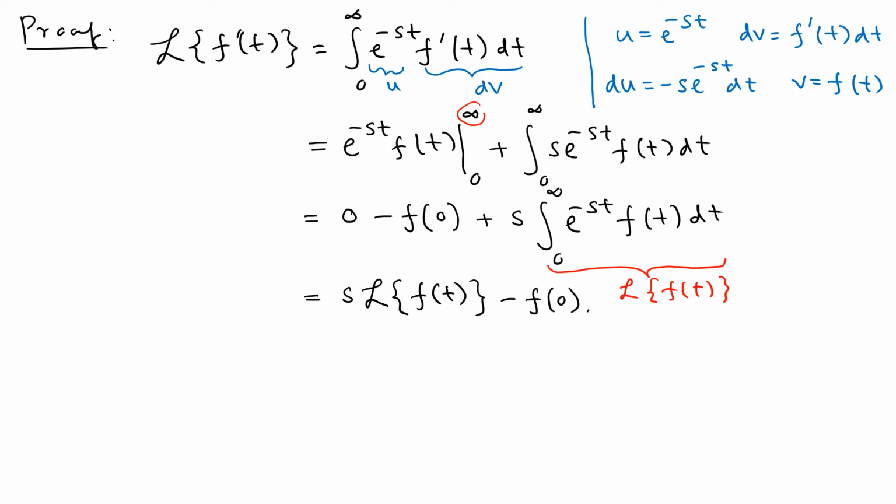So it's a very simple proof, and that's what happens for the first derivative. Now we can use this formula to find the Laplace transform of the second derivative, because what you want to do is simply replace f by f prime.